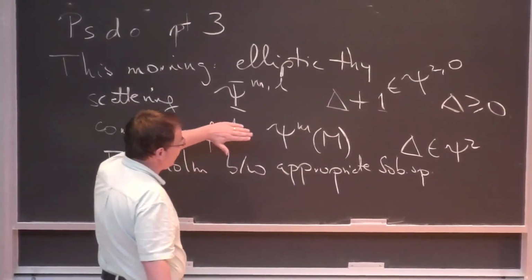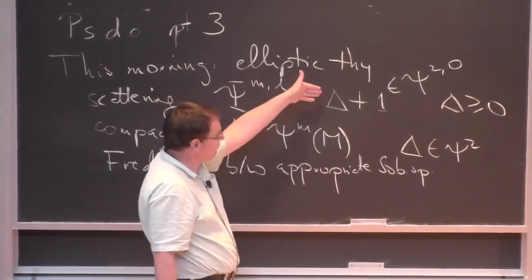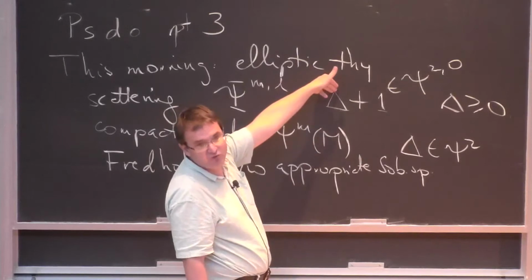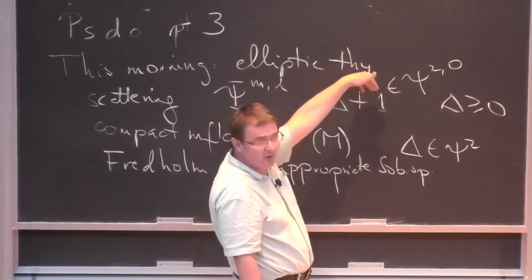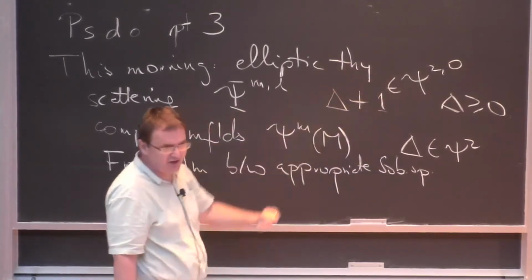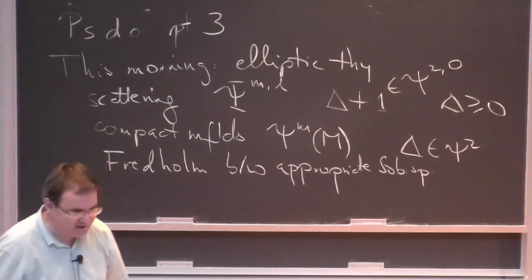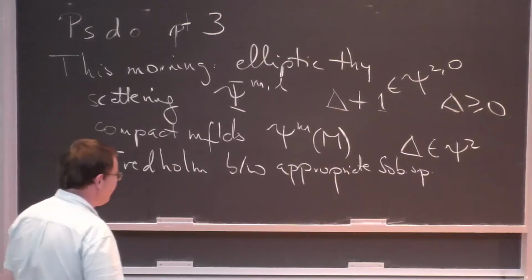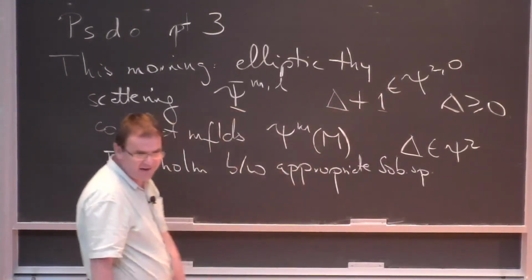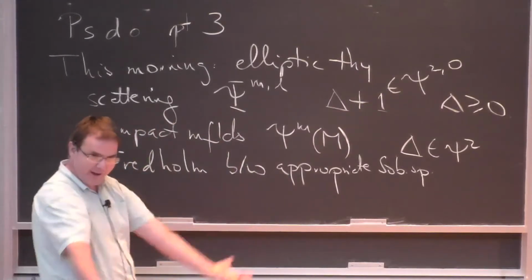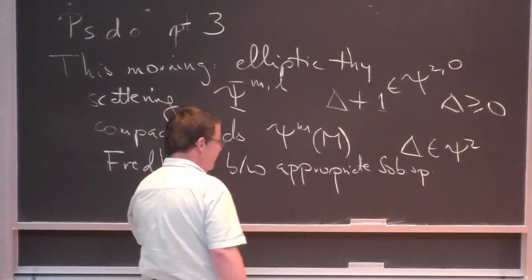The goal is to talk about, if you wish, the case of Laplacian minus 1 in the scattering perspective. Okay, so the Laplacian plus 1 was elliptic. The Laplacian, as Shuwen pointed out, was not elliptic, but it's somewhat degenerate. And so it's nicer to take Laplacian minus 1 as the prime well-behaved non-elliptic problem.